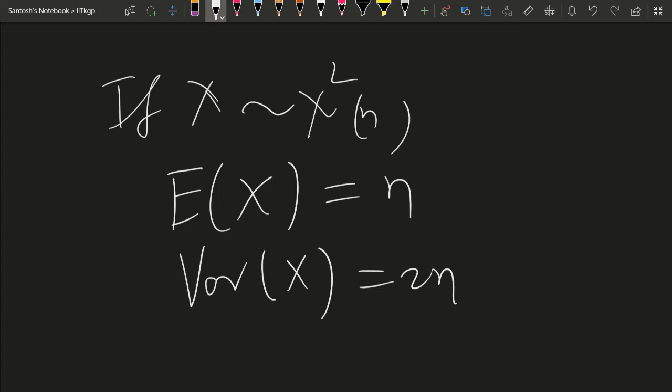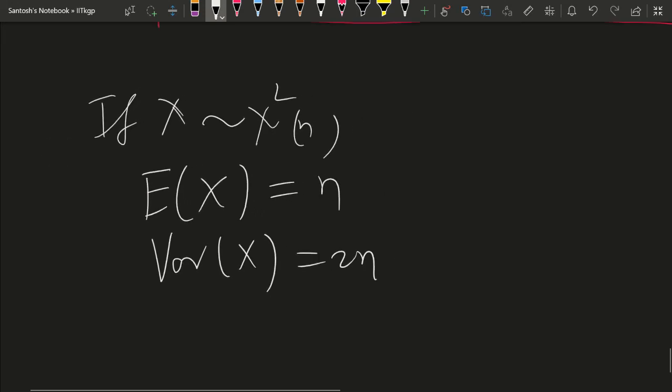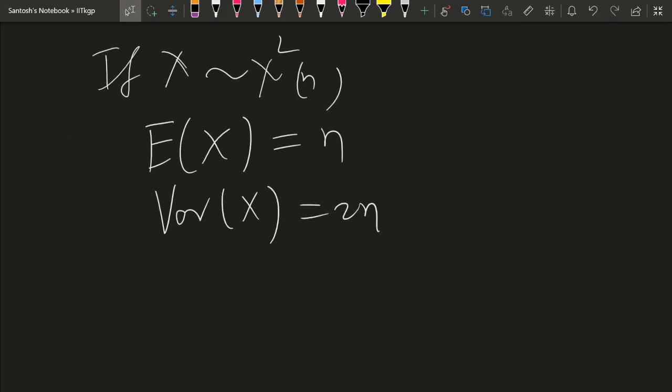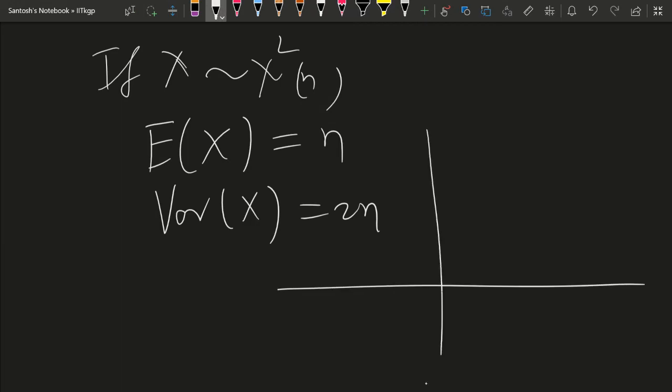And now if you draw the graph of this chi-square distribution, the graph will look like this, something like this.